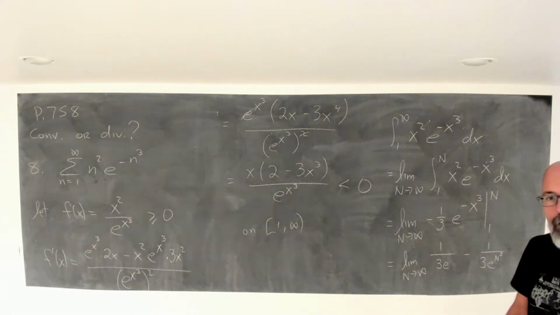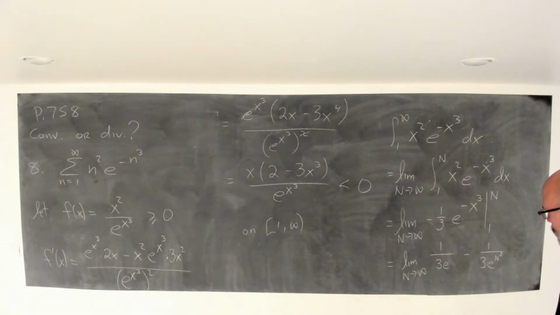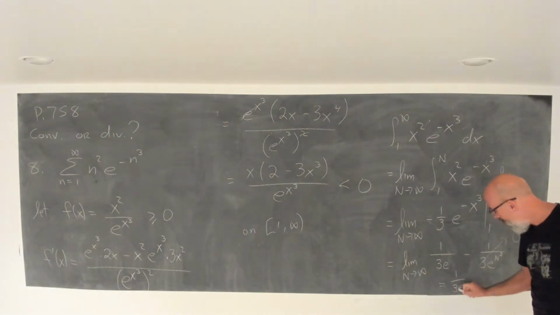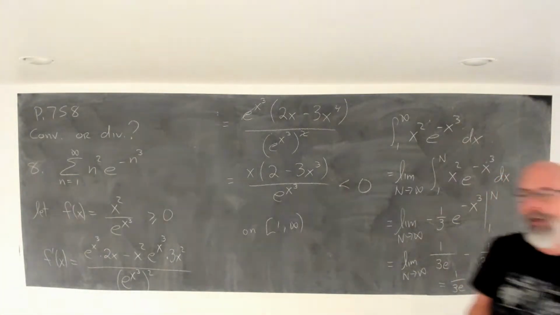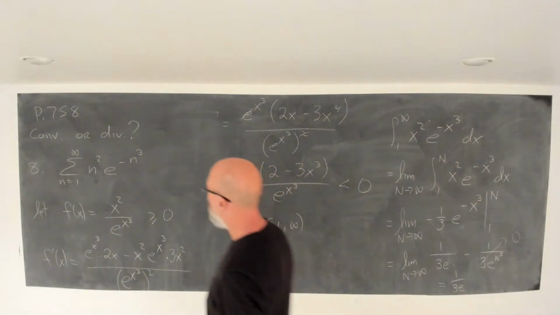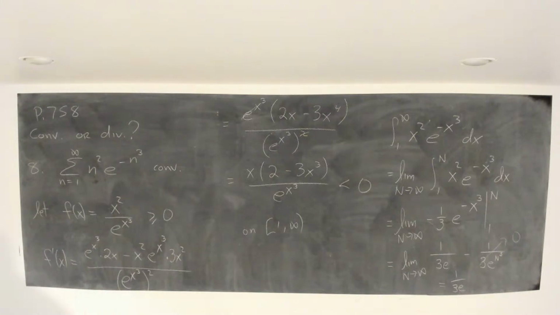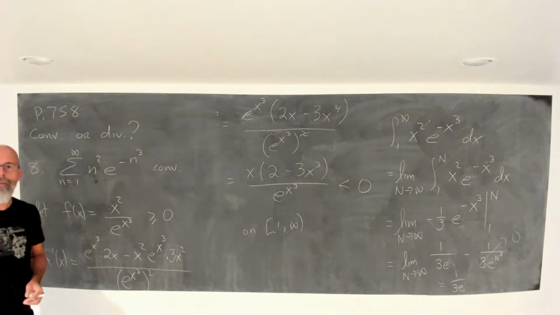And as n goes to infinity, this goes to infinity. 1/infinity is 0, so this whole thing goes to 0, and we are left with 1/3e. The integral converges, so the series converges. Convinced?